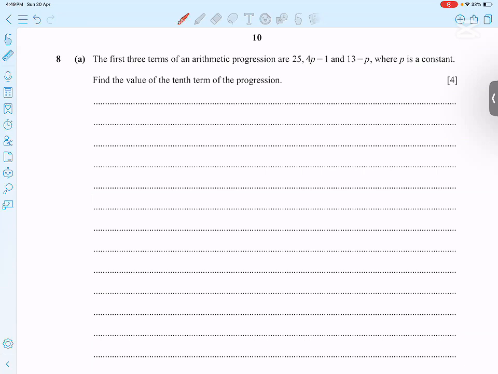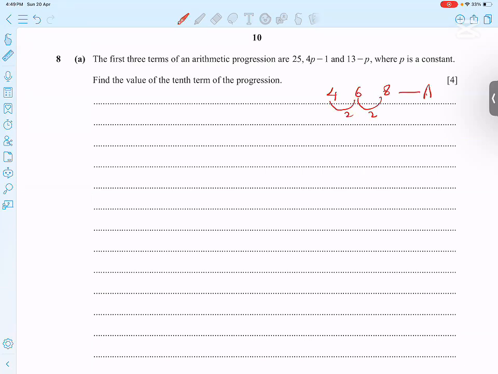Question number 8 now. The first 3 terms of an arithmetic progression are this, this, and this, and p is a constant. Find the value of the 10th term. So we're looking for the 10th term, but make sure you know the first 3 terms. I'll give an example. 4 plus 2 is 6, 6 plus 2 is 8.